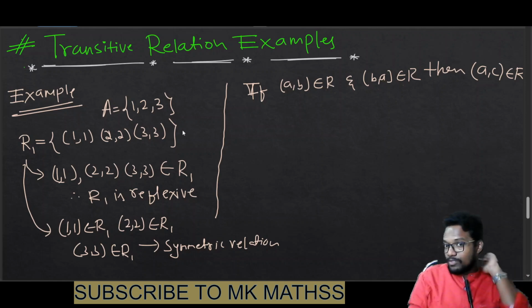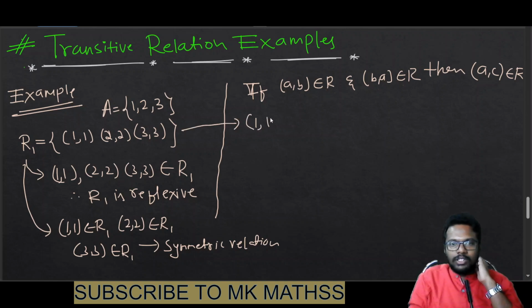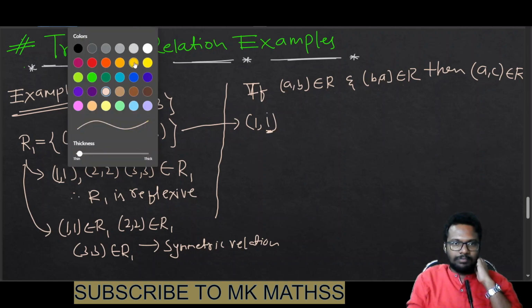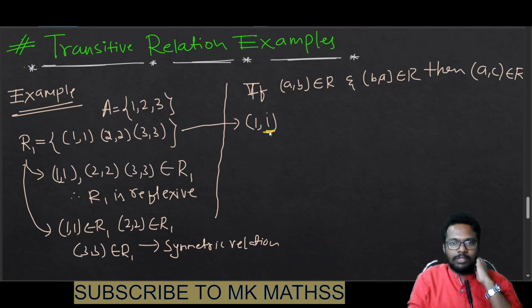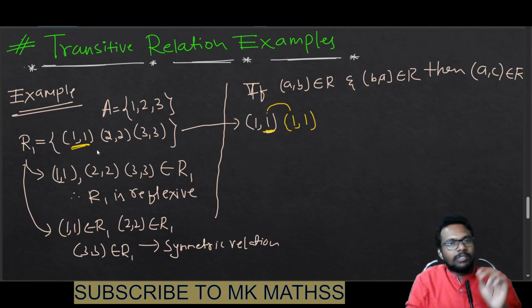Now let us check this R1. I consider (1,1) and find the pair which starts with 1. Starting with 1 means (1,1) itself. If you check in R, (1,1) is the only ordered pair which starts with 1.